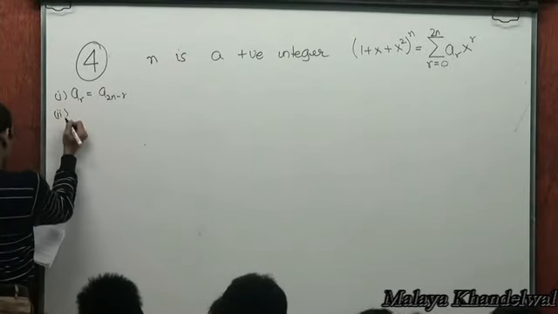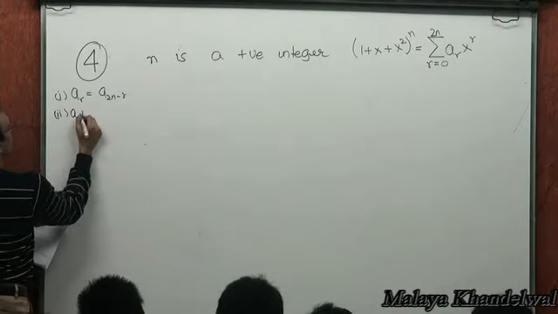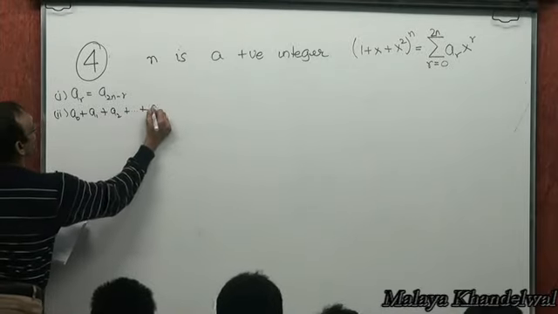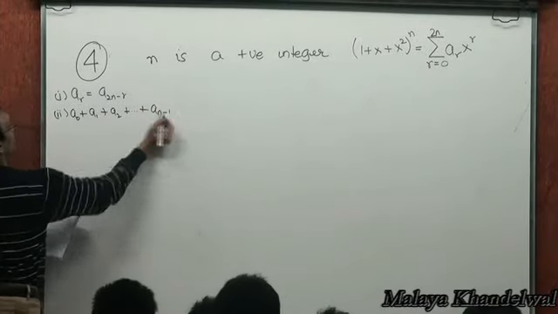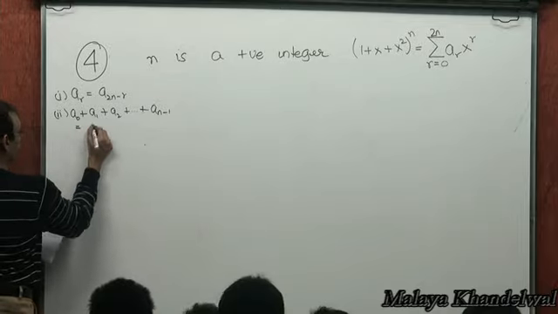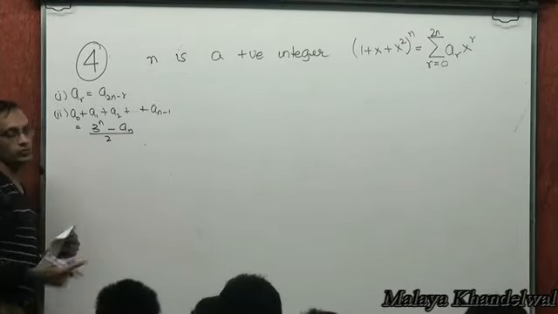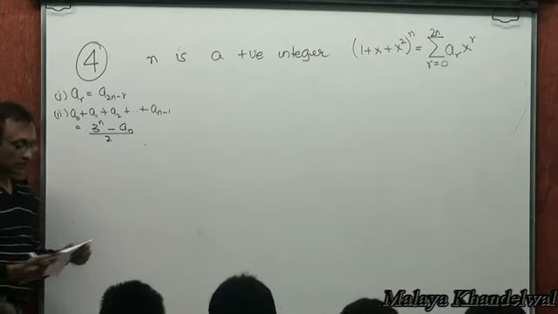Second part, a_0 plus a_1 plus a_2 plus up to a_{n minus 1} we want to show is equal to (3 to power n minus a_n) by 2, right? That's the next part of the problem.